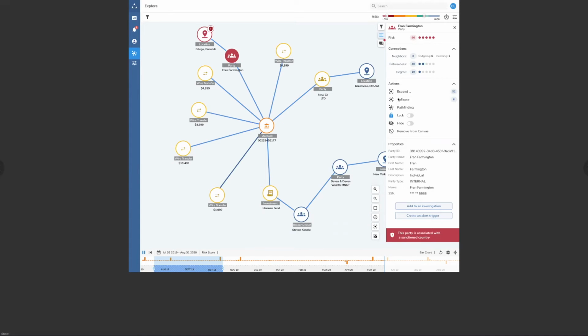I can take certain actions to progressively disclose more information about this network. We're looking at the first degree of connections here, but I can extend that ring out to see how, if I see potential nefarious activity, that distributes out through this network.